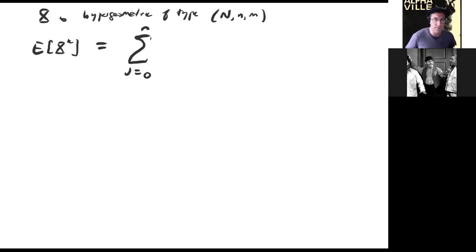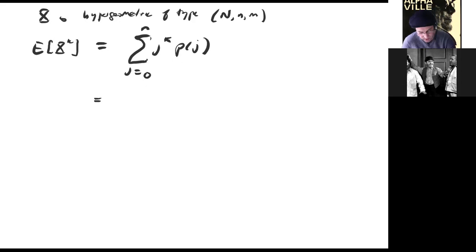Your sample size cannot be more than the total number n, so we only go from 0 to n in this expected value of j to the power of k times p of j. You can't go bigger than n. It doesn't make sense.